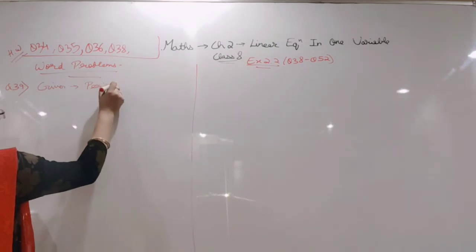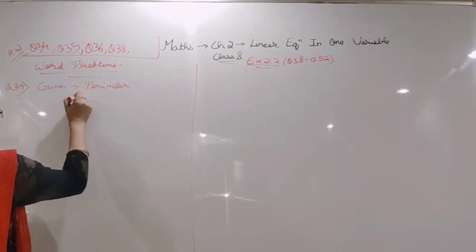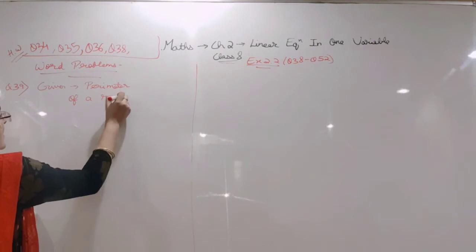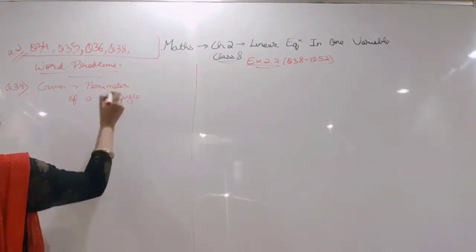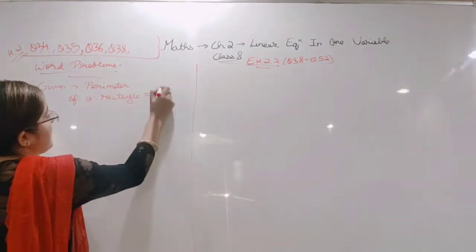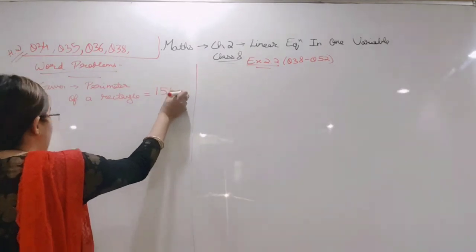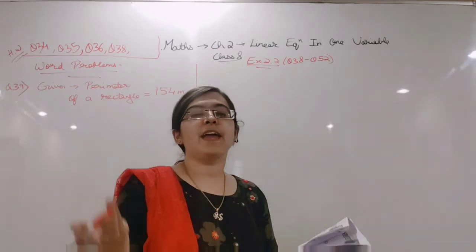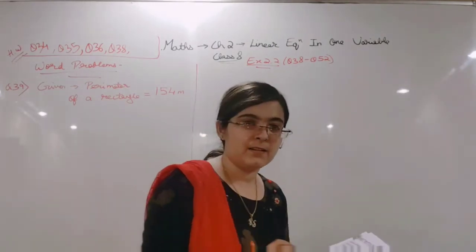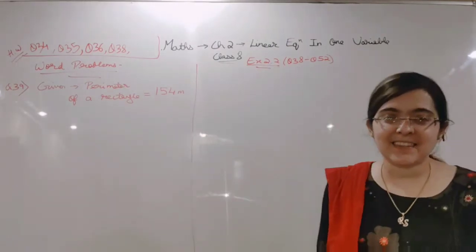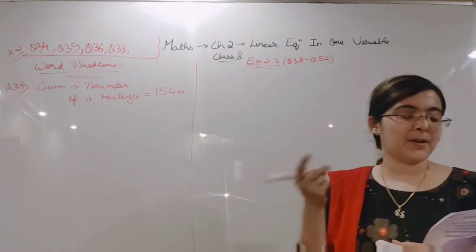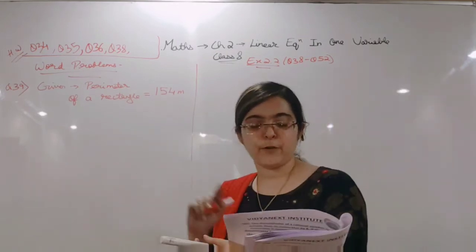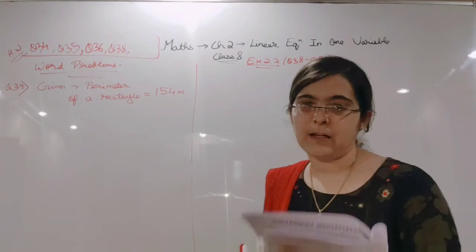Perimeter of a rectangle is given as 154 meter. And it is given that its length is 2 more than twice its breadth. You have to find the length and breadth.